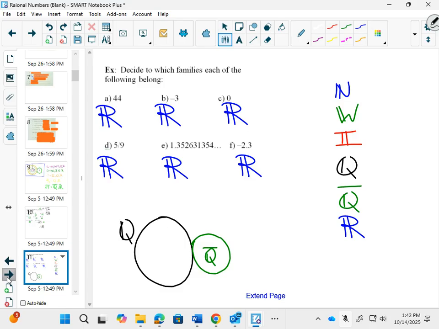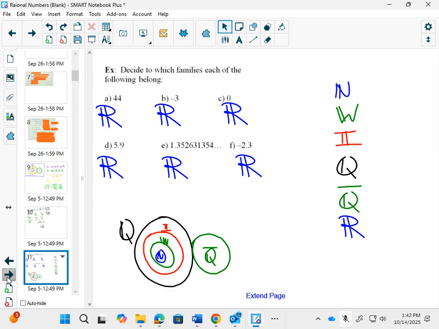These are the ones that can be fractions. These are the ones that can't. In the rational one, you've got your integers, your whole numbers, and then blue, your natural numbers. The pictures like this can be helpful.